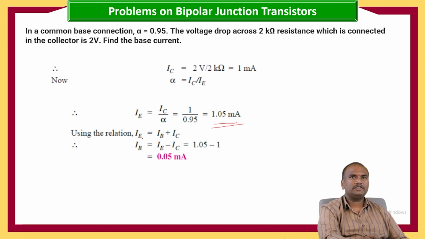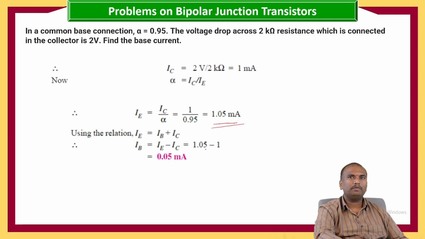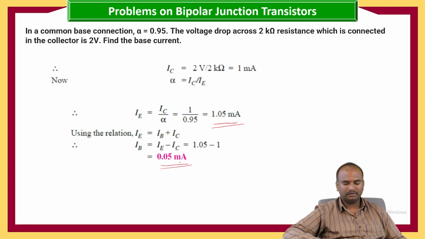By using the relation IE is equal to IB plus IC, IB is equal to IE minus IC, that is 1.05 minus 1, which is equal to 0.05 milliamperes.